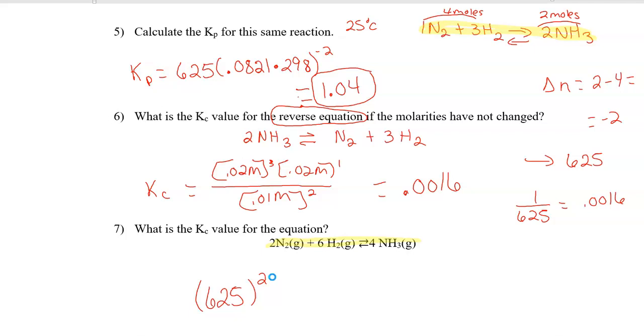So I would go 625 squared, 390,625. Okay, if we did sig digs, we won't worry about the sig digs on that, so we'll just go with that. So now it's really favored the ammonia, so I've doubled those concentrations, favoring making more ammonia.